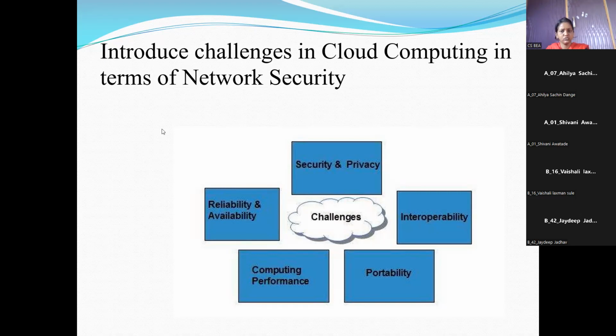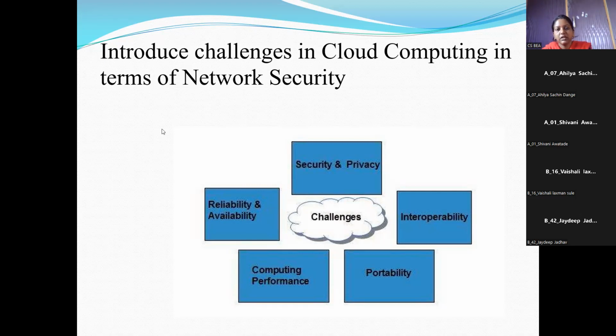Security and privacy issues can be overcome by employing encryption, then security hardware, security applications, etc. So this particular challenge is just introduced over here.